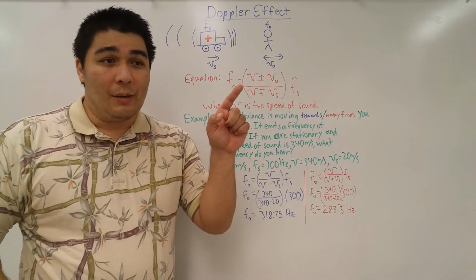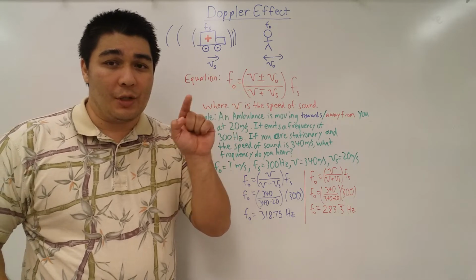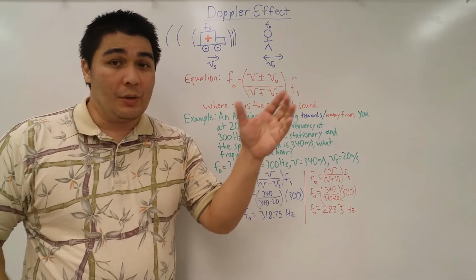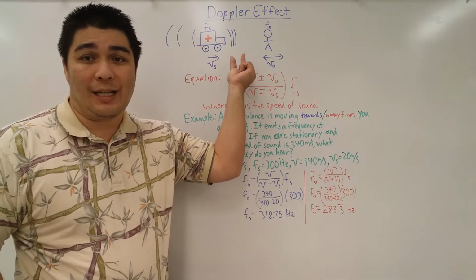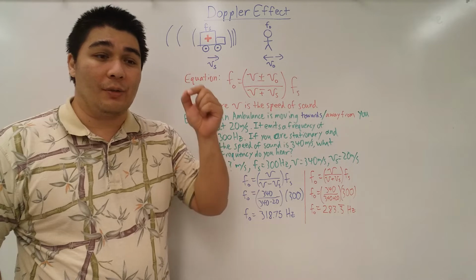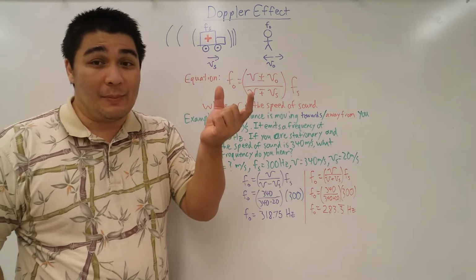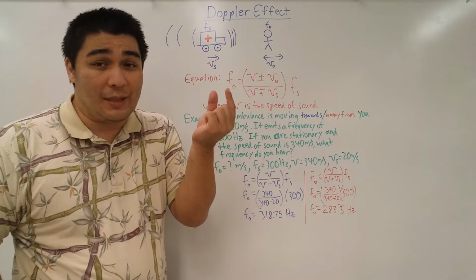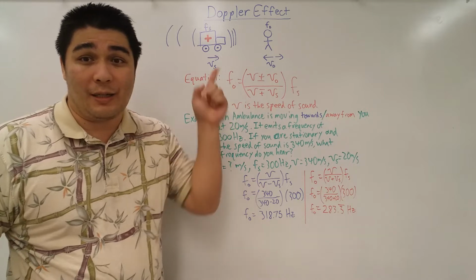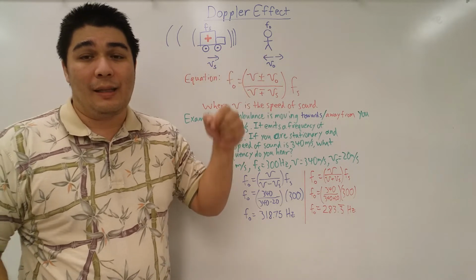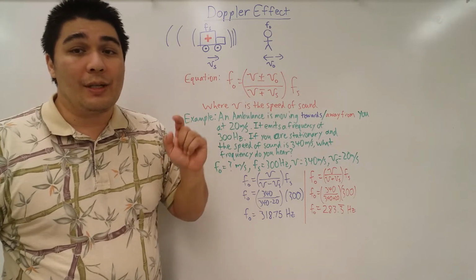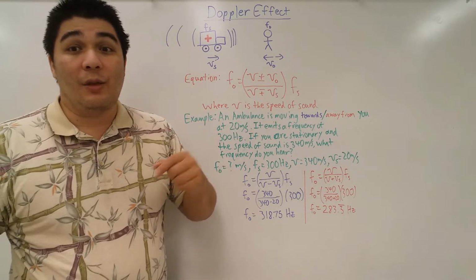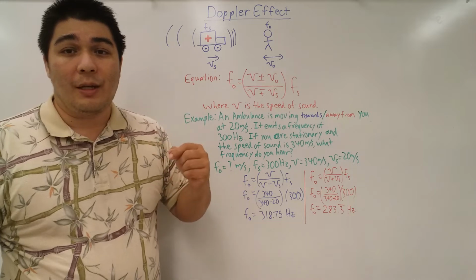Because the source is moving in this direction, the pulses in front get smashed together. So the sound looks like it becomes compressed because of the moving source, and the observer is going to hear the sound increase in pitch, because the frequency is going up.